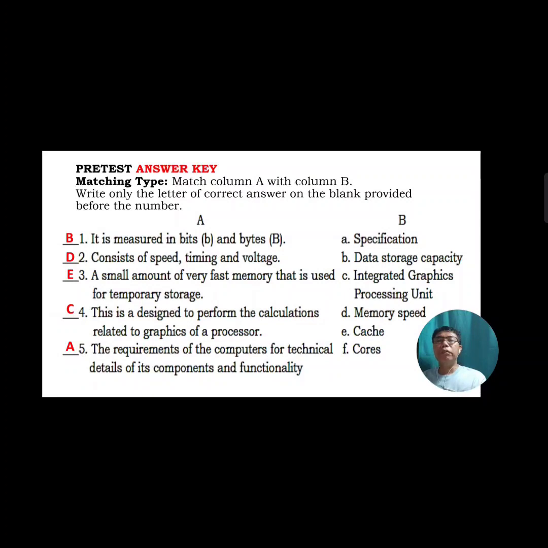Letter D for number 2 is memory speed. Number 3, letter E, is the cache. Number 4, letter C, is integrated graphics processing unit or the GPU. And number 5, letter A, is the specification.